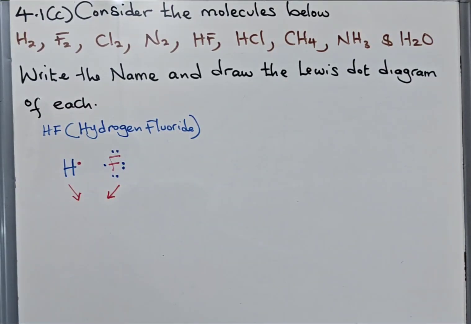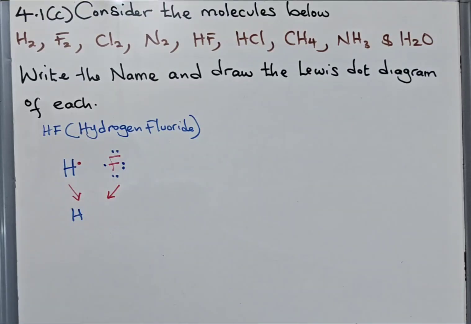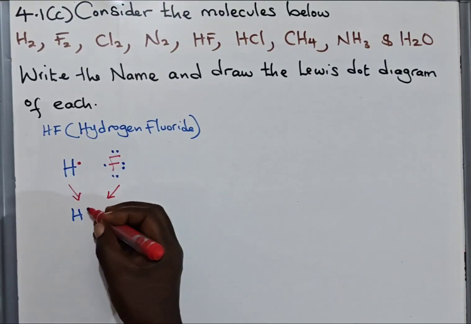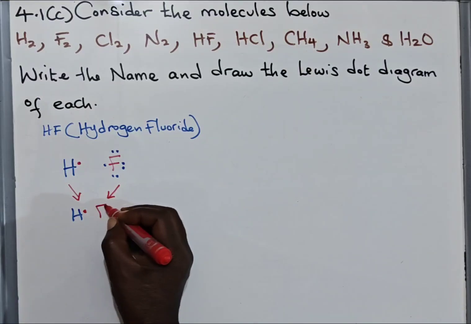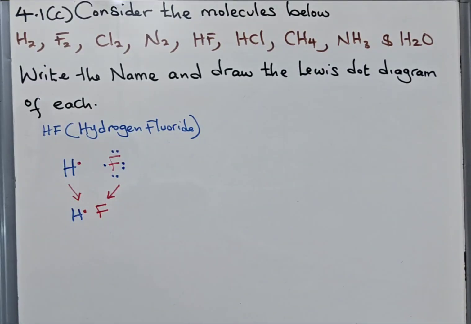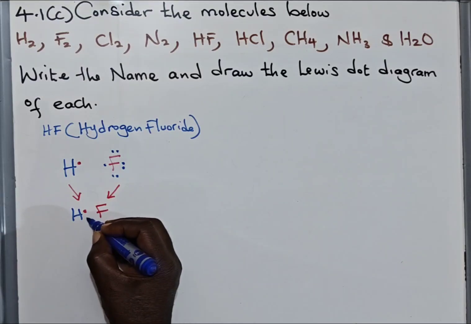So the bonding will occur between unpaired electrons, giving us H with its electron. Then fluorine comes with its unpaired electron.